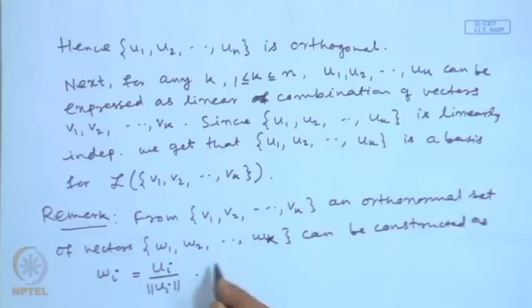So, now the norm of all these vectors W1, W2, to Wk will be equal to 1 and they are also orthogonal. So, this will be an orthonormal set.